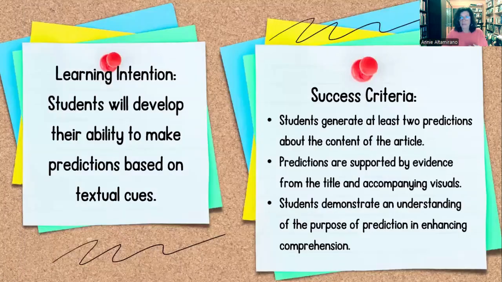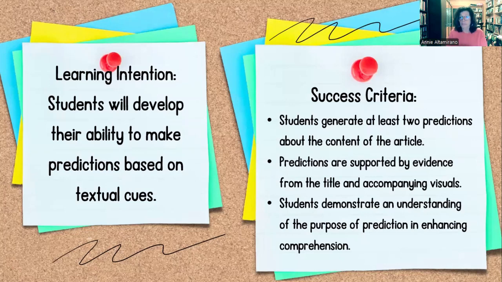Here we have another example. The learning intention can be students will develop their ability to make prediction based on textual clues. And then the success criteria would be students generate at least 2 predictions about the content of the article.